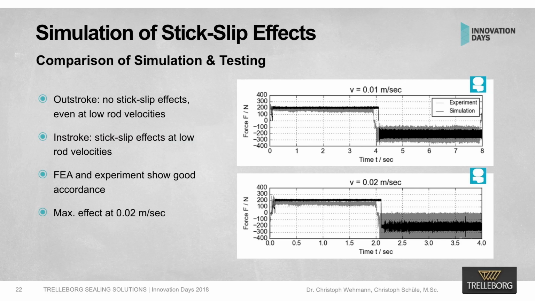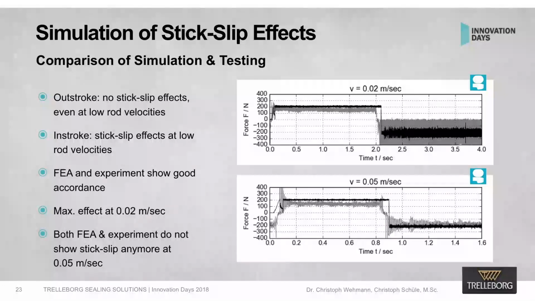But the outcome is the same. We have stick-slip in the simulation, and we have stick-slip in the experiment. The amplitude has a certain error here, but when we look at the next speed, this error again becomes smaller. So here we have also quite good accordance between test and simulation. When we look at the high speed, also test and simulation showed nearly no stick-slip.